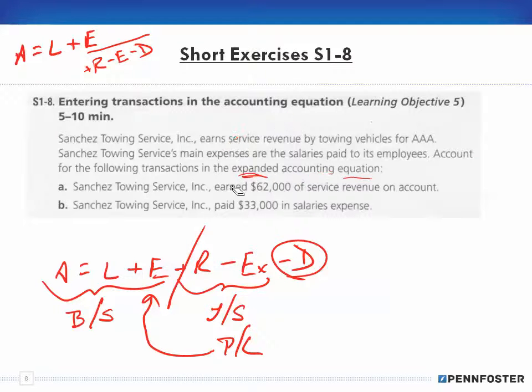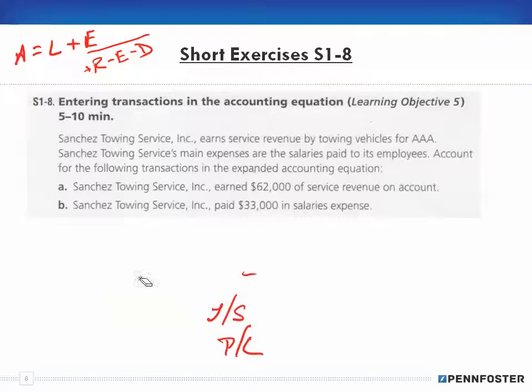So notice what I just did. I had said when you're working through problems, you read slowly and think about what you're reading. As I thought about the expanded accounting equation, that was everything in the back of my head.